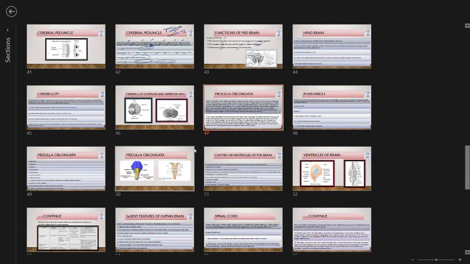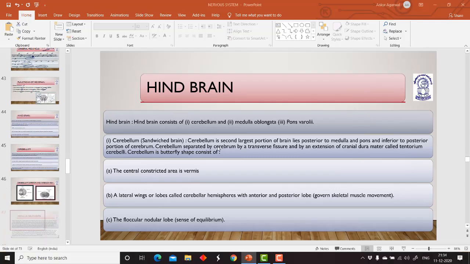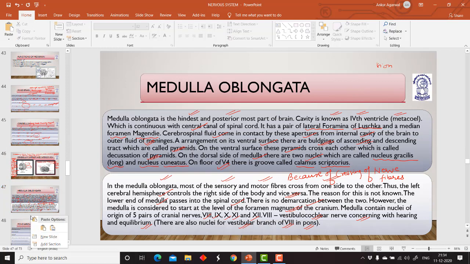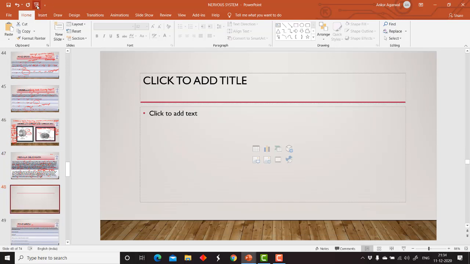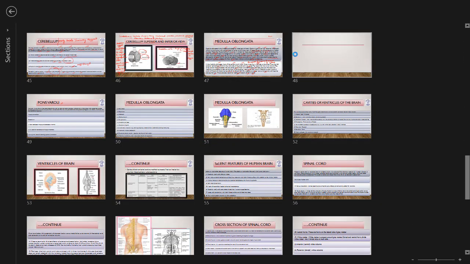I have to add one slide over here. Wait. Extends into the spinal cord.